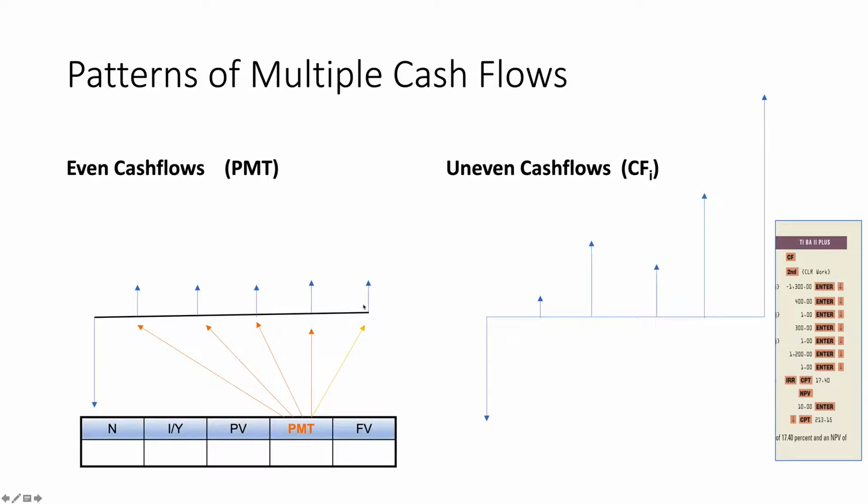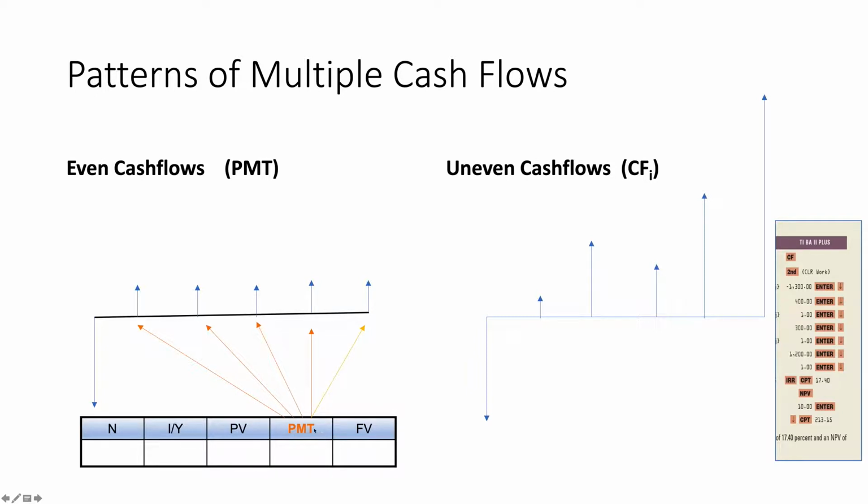In that case, we're using PMT. It's $100, $100. They ask you how much is that worth today, the present value. Now in this case, we are not using the FV key, but using PMT.